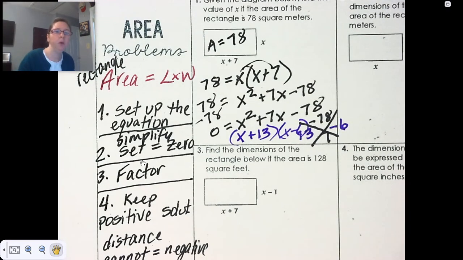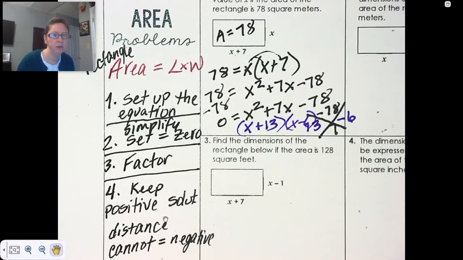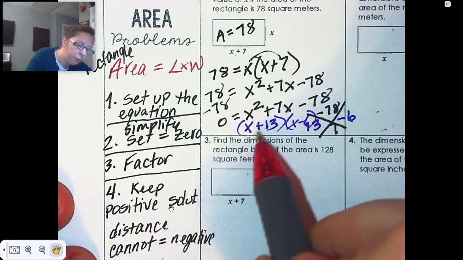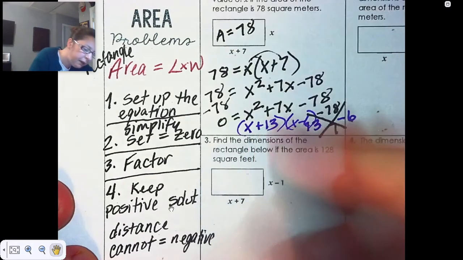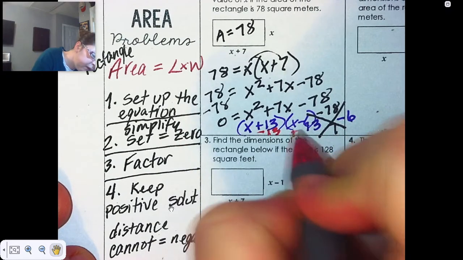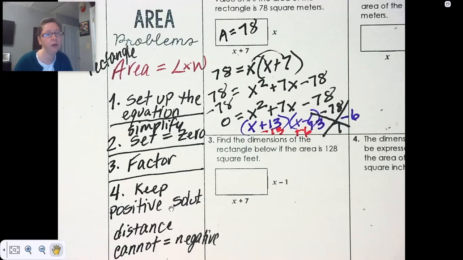Okay, these are my two factors now. And what we want to do is we only want to keep the positive solution. So I want to remind you that we're not quite finished here. I need to change both of these signs. So this would be a negative 13, and this would be a positive 6. Those would be the two final solutions after I use my zero product property.